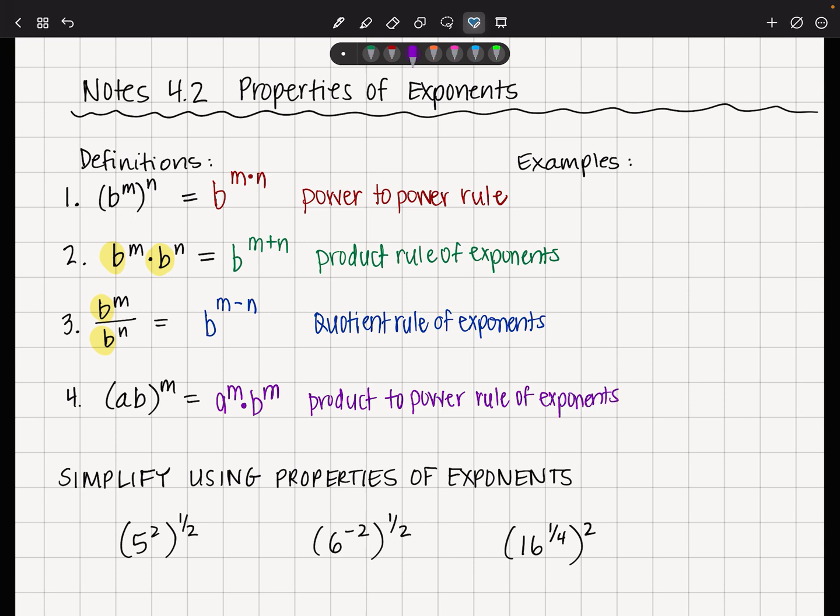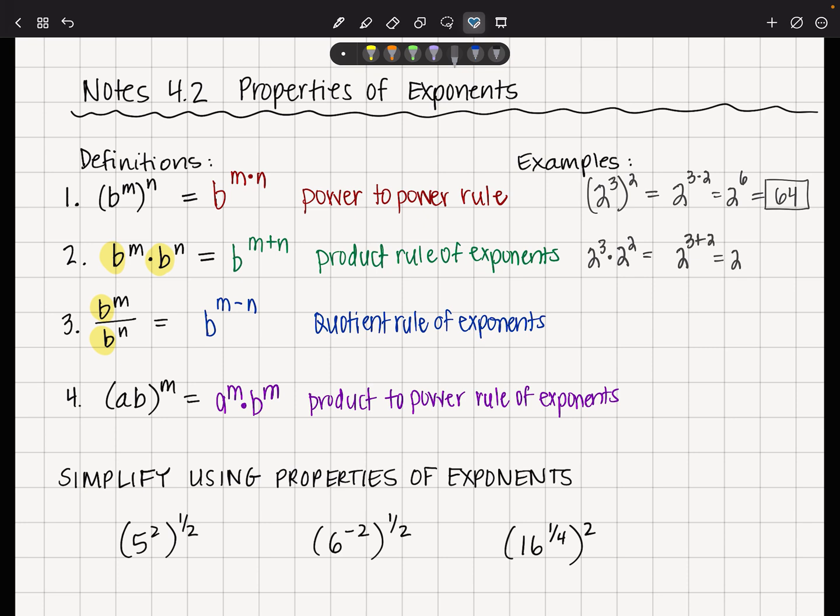So I'll give you some examples. If I've got 2 cubed squared, that would be 2 to the 6th power, which is going to be 64. If I have 2 cubed times 2 squared, I'm going to keep the base of 2 and add the exponents.